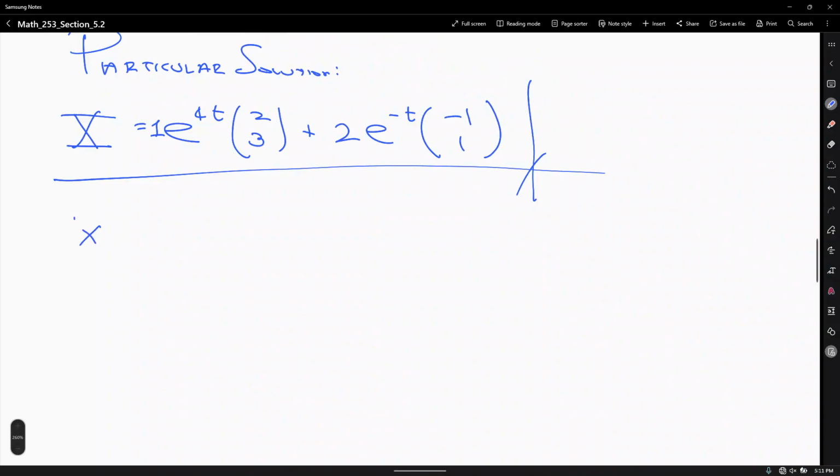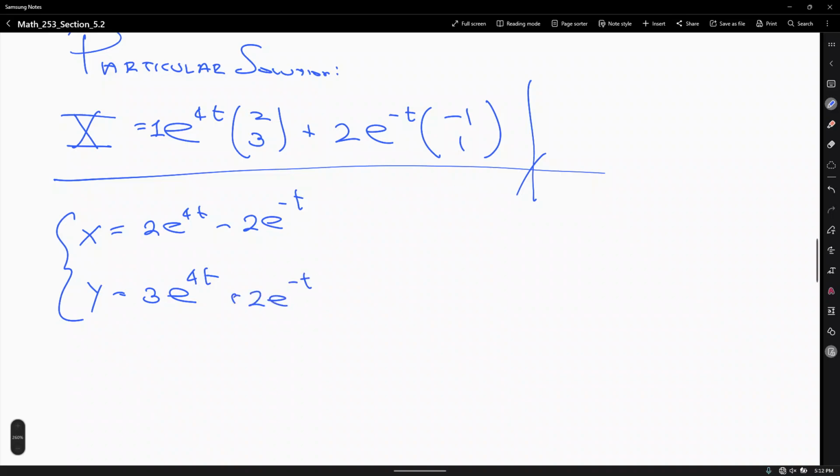That is, you have an equation for x and for y, where x is 1 times the exponential times 2, that is 2 e to the 4t, plus 2 times e to the negative t times negative 1, that makes it negative 2 e to the negative t. And then the second equation becomes e to the 4t times 1 times 3, that's 3 e to the 4t, plus 2 times 1, which is 2 e to the negative t.